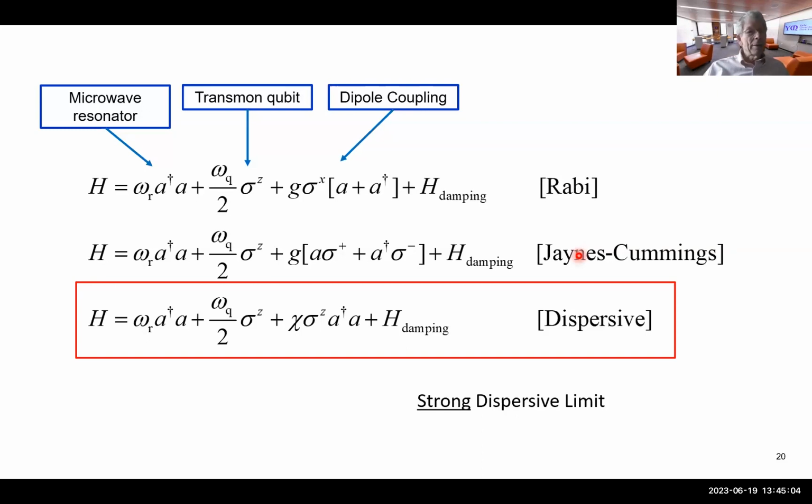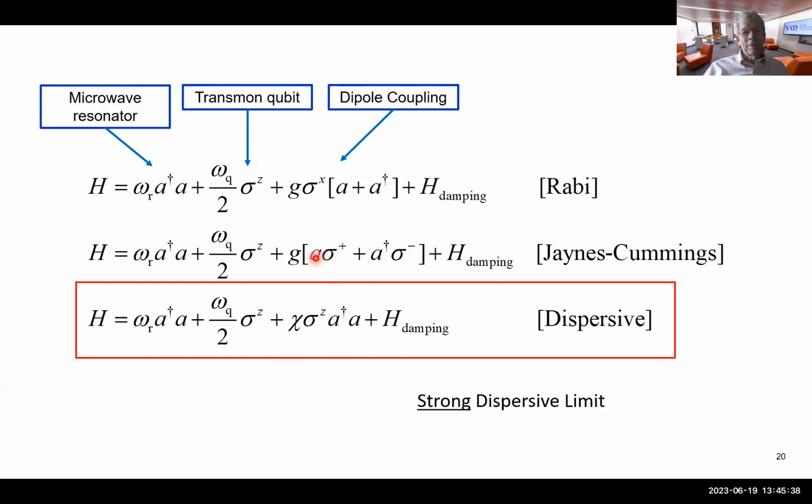Now, you can make another approximation if the frequency of the qubit is strongly detuned from the frequency of the resonator compared to the strength of the coupling. So if you're detuned by much more than 100 megahertz, let's say 2 gigahertz, then you can perform what's called a Schrieffer-Wolff transformation and obtain this so-called dispersive Hamiltonian.